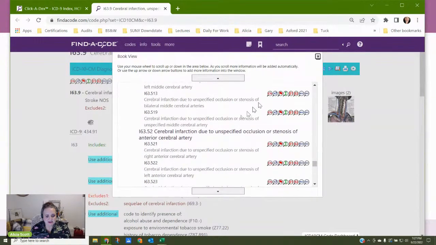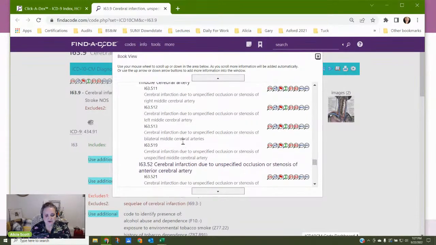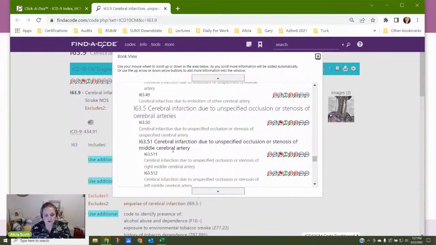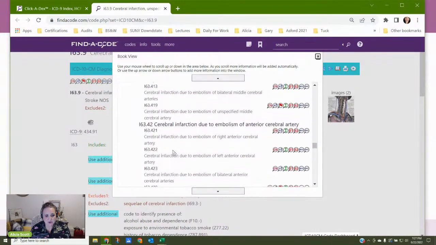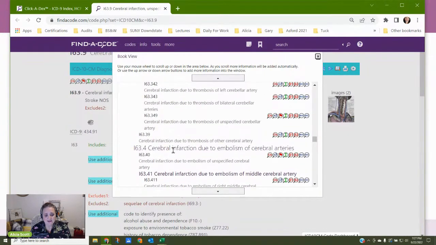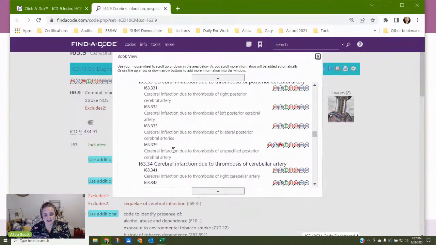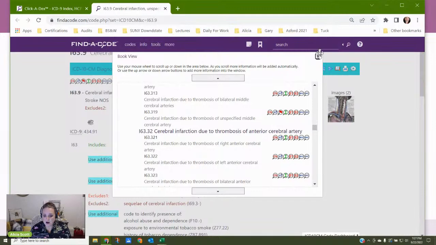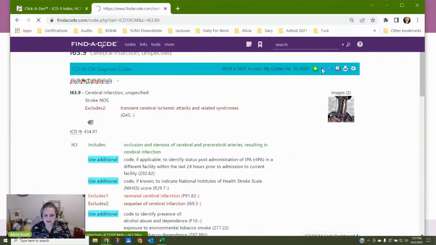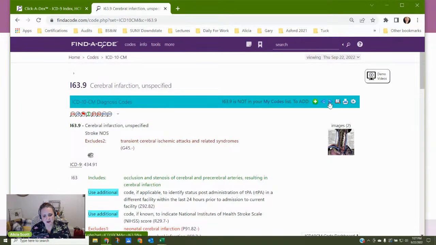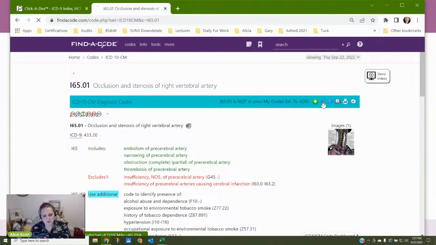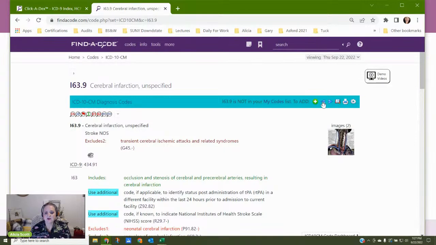Let's see, stenosis of anterior cerebral artery, middle cerebral, and look at all the possibilities. They really break it down. And this is at my fingertips. I can click on anything, or I can go, oh, wait, is it this code or is it this code, right? Ooh, vertebral artery, wrong one, at my fingertips.